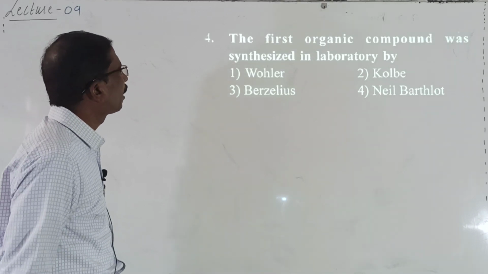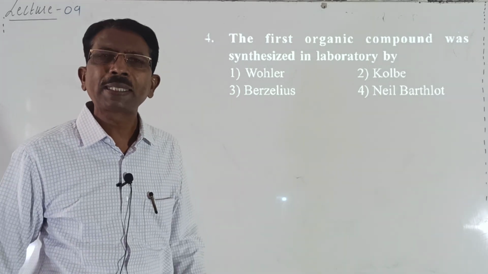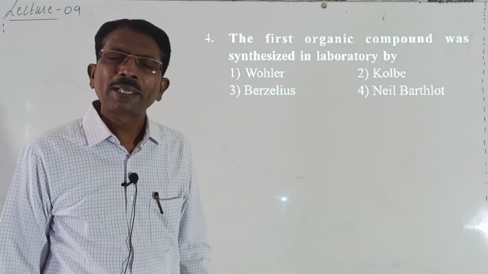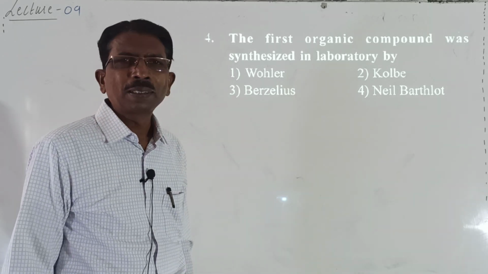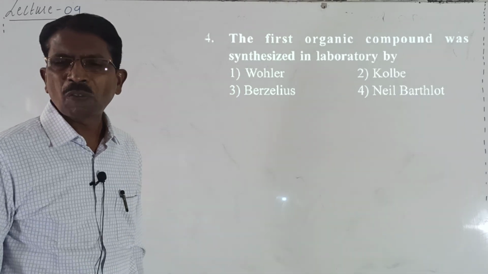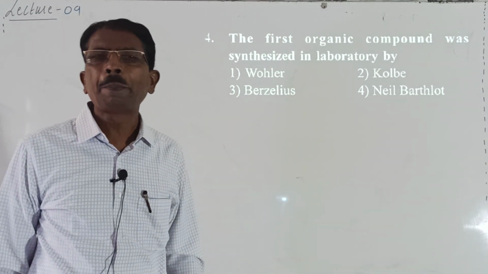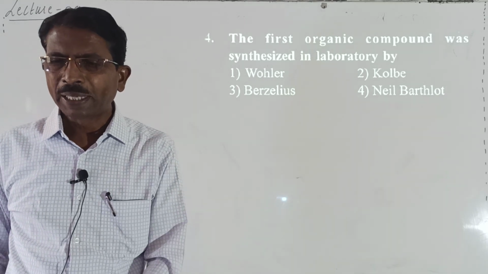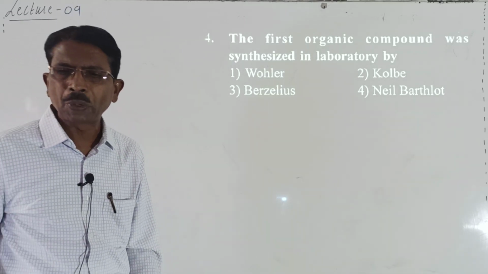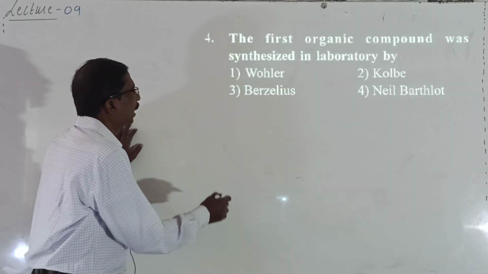Then, the first organic compound was synthesized in the laboratory by, very simple, basic question, Wöhler. Because you know that Wöhler is the first scientist who prepared the first organic compound. So which is the first organic compound? The first organic compound is urea.